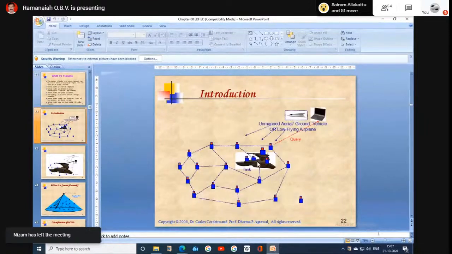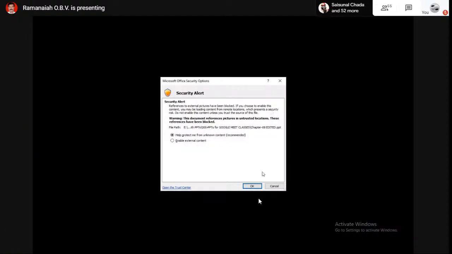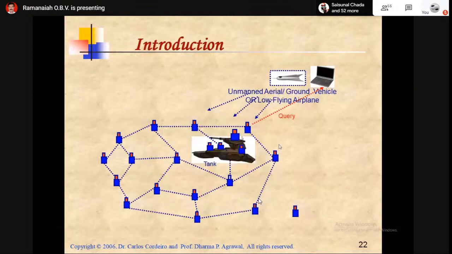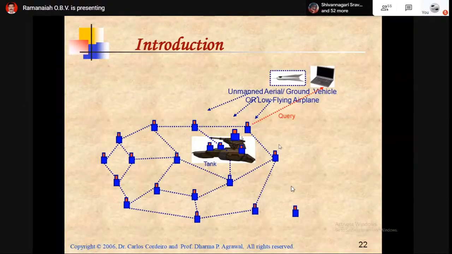So you can see here, there is a network, a wireless sensor network deployment for military use. How is it deployed? It is deployed with the help of a low flying unmanned aerial vehicle or ground vehicle, right?